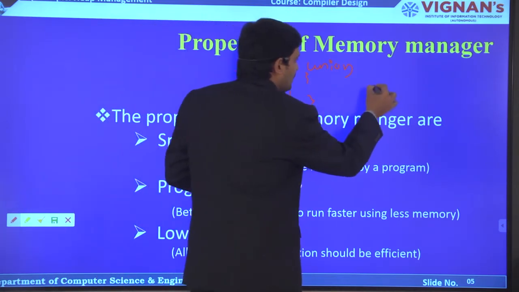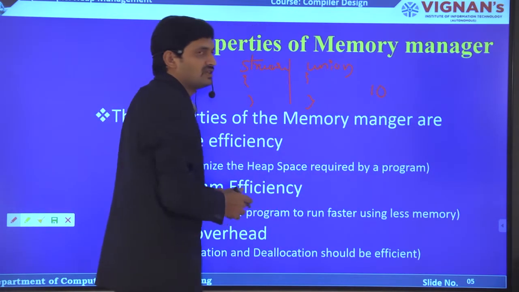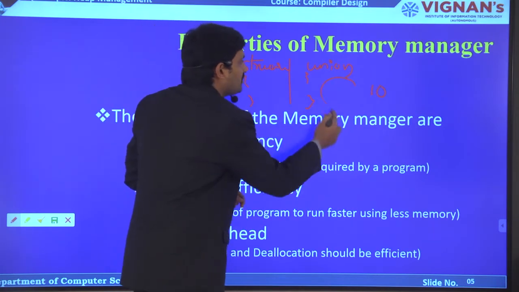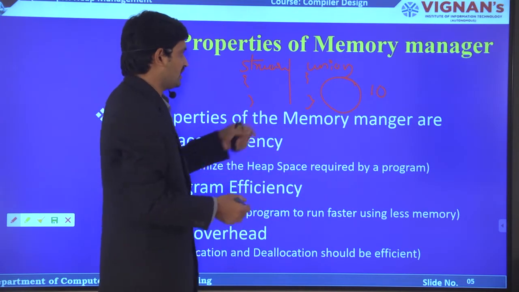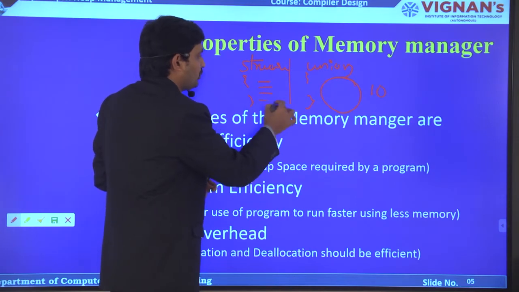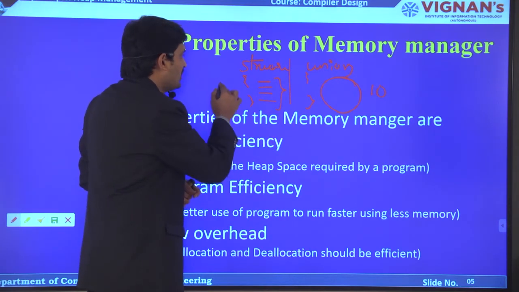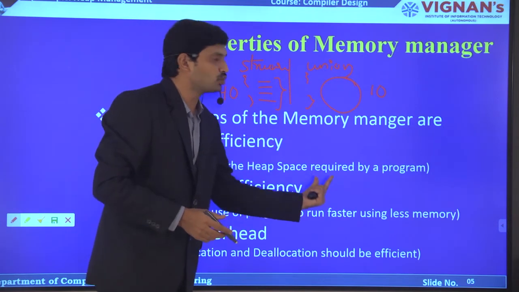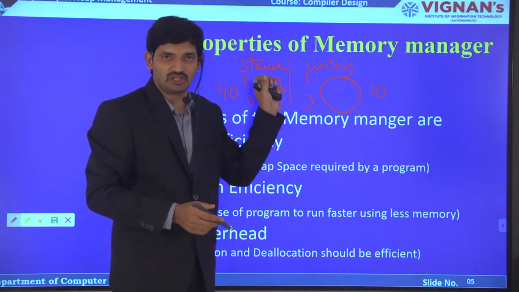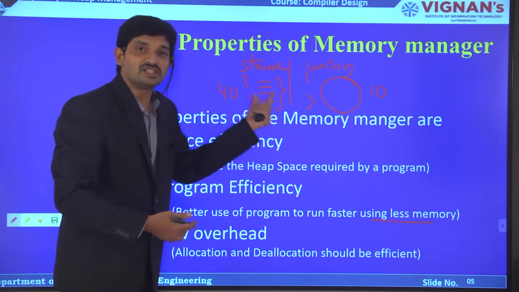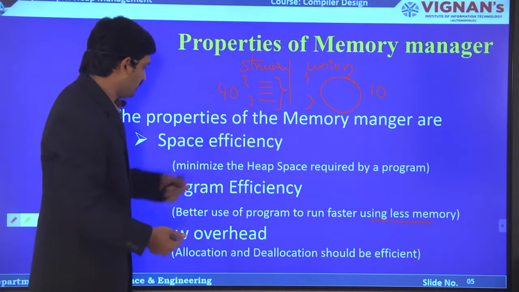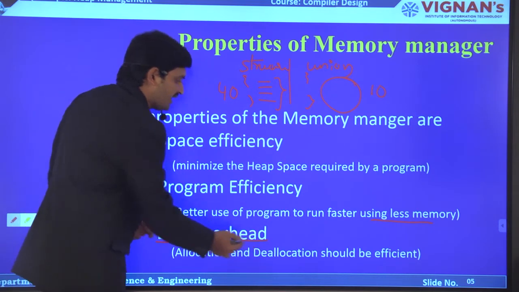Suppose the maximum type is 10 bytes, then those 10 bytes are used by all the members of the union. But in the structure, if I declare 4 types, memory is allocated for all these 4 types. Of course, this may not be a suitable example for dynamic memory allocation, but it is suitable for using less memory. And come to the last one, low overhead.